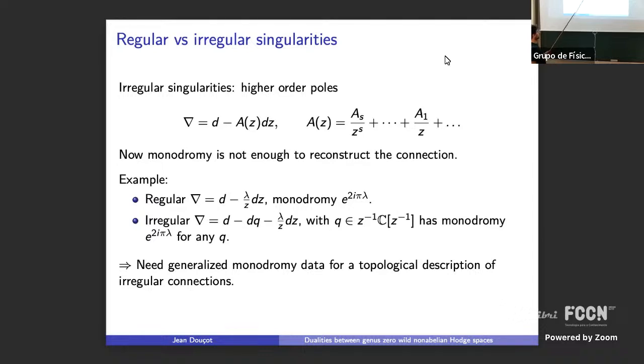I can choose any such q, and it has the same monodromy, but they are not gauge equivalent. So you see, if I want to get all the information about the connection, I will need some extra data. And that's where those generalized monodromy data, or Stokes data, come into play. They will allow me to have, as in the regular case, a topological description of irregular connections.